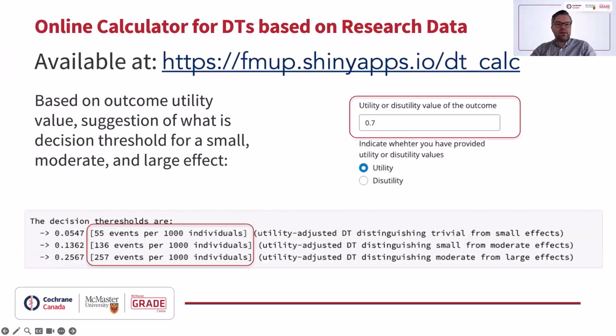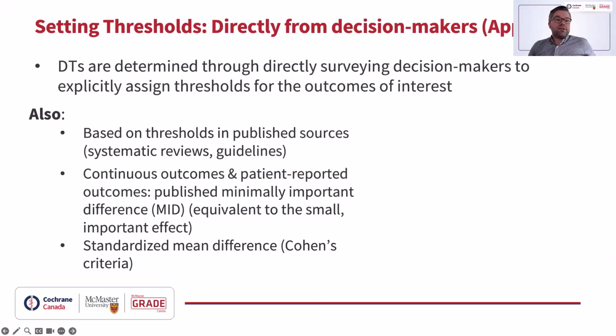So this online calculator is handy to apply the research-based approach for setting decision thresholds. For setting decision thresholds directly from decision makers, approach 2, we can do this through survey methods, surveying decision makers to explicitly assign thresholds for the outcomes of interest. And there's also some other sources which we may look for decision thresholds. There may be existing published systematic reviews and guidelines, for example.